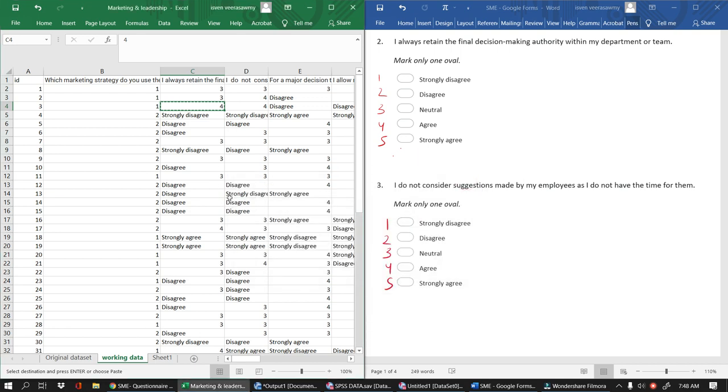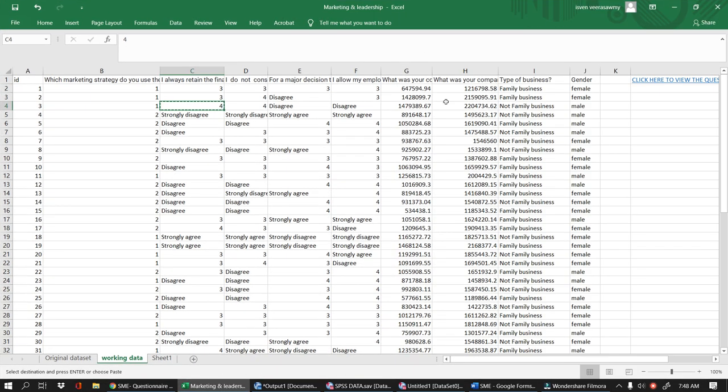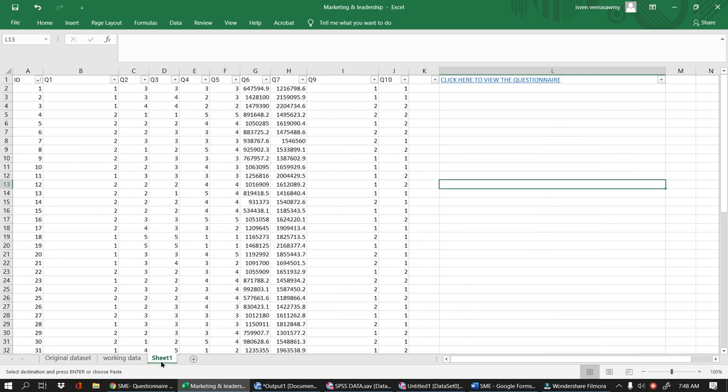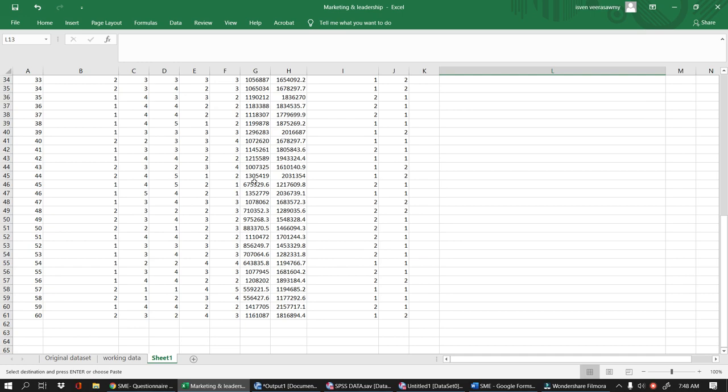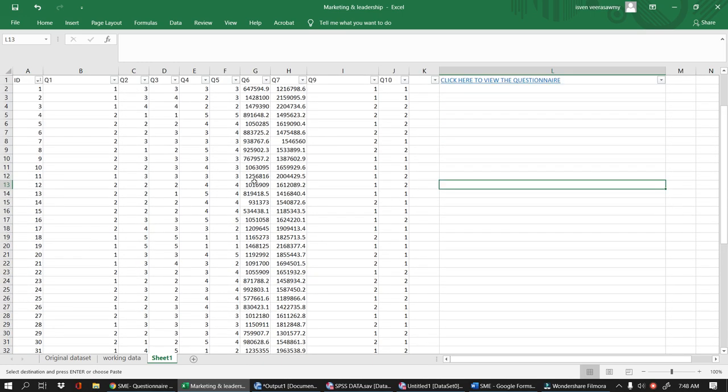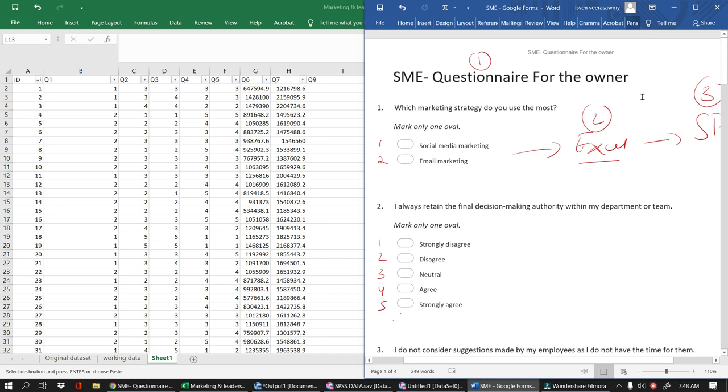I have already done the coding for the whole questionnaire in this. So here you will see your data is converted in a form that SPSS would now be able to analyze it. But the issue here, like I've mentioned, I have already completed the first part.